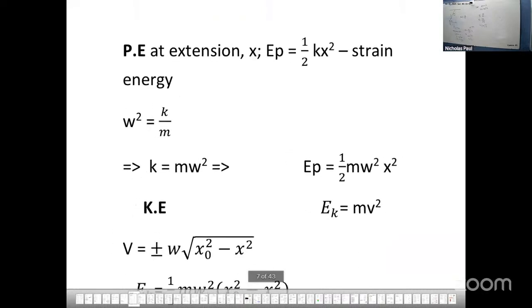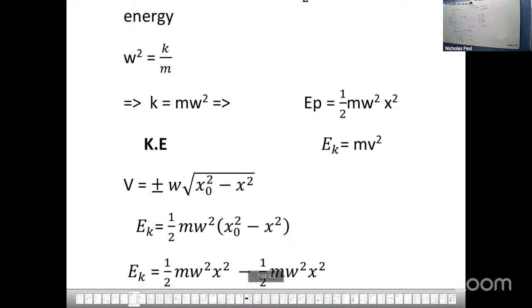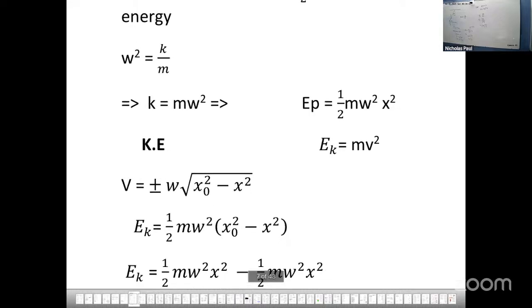Potential energy for a spring is the strain energy, half k x squared. If I substitute for k, you get potential energy equal to half m omega squared x squared. We know kinetic is half m v squared. If I put this in, it simplifies to this. When you add it, you'll get that. Does that make any sense?